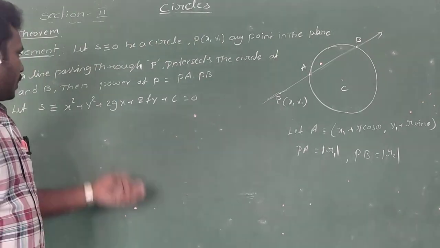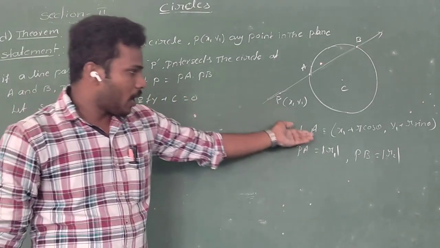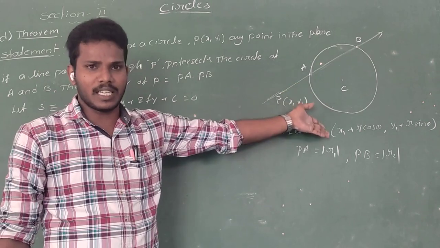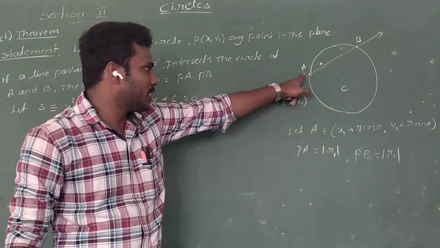Okay, the circle equation: point A is on the circle. Clear? The point A is on the circle.